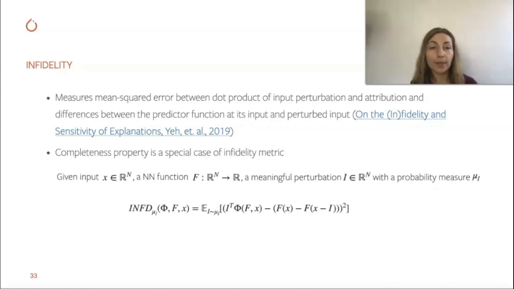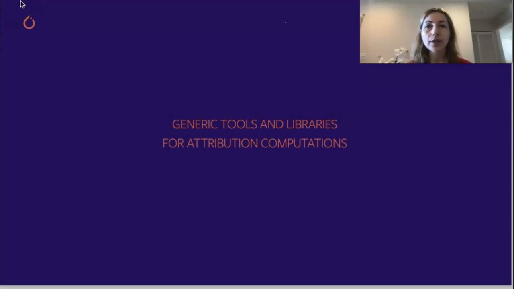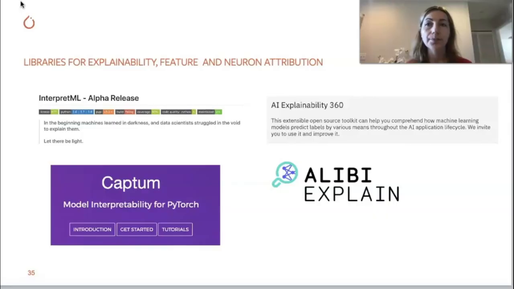There are other domain-specific metrics for computer vision or for NLP that I encourage you to check out. In this part of the tutorial, we'll focus on generic open source tools and libraries which offer attribution algorithms and evaluation metrics that we discussed in previous sections of this presentation.